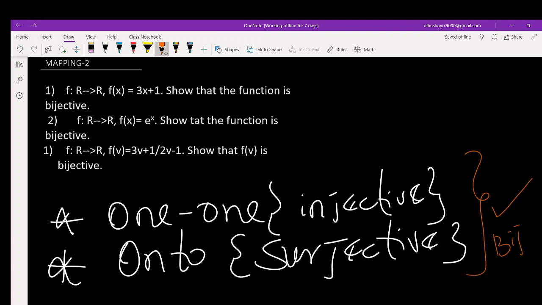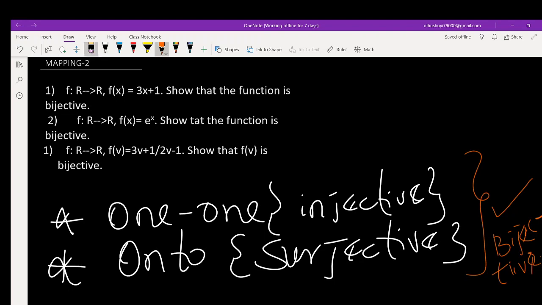It is bijective. And we say the function is bijective.